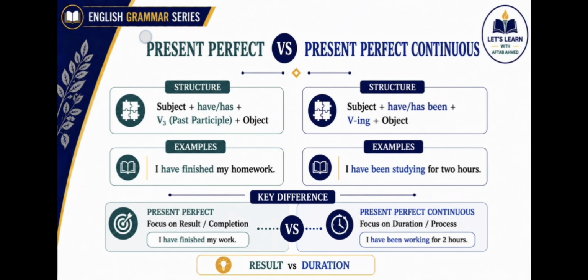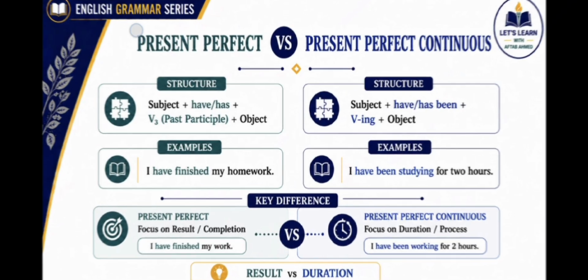Here, the focus is on duration and process. So remember, present perfect focuses on the result. On the other hand, present perfect continuous focuses on the duration. One emphasizes what has been achieved, while the other emphasizes how long the activity has continued.